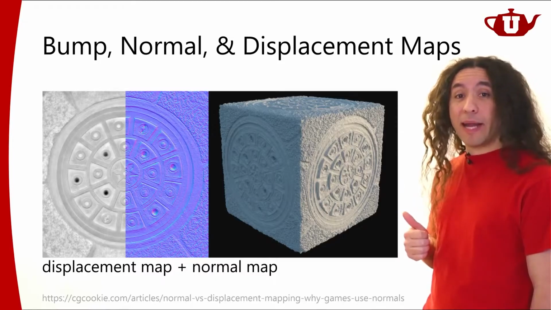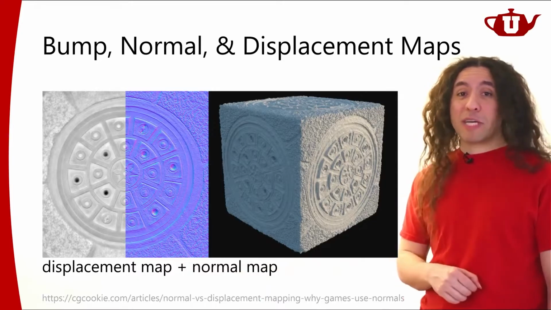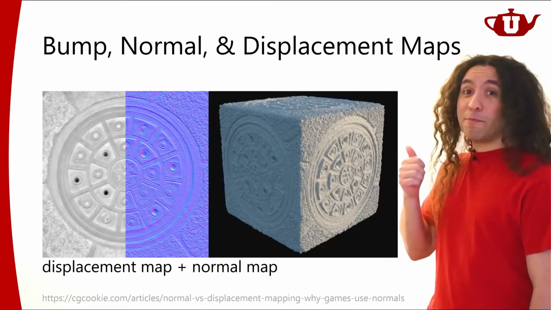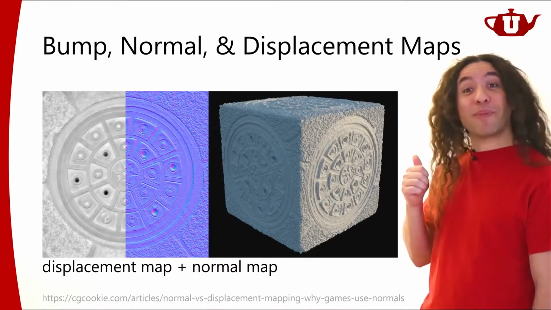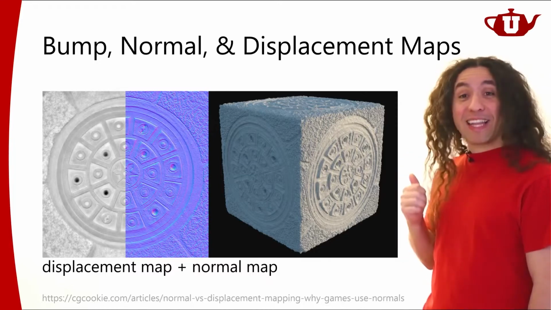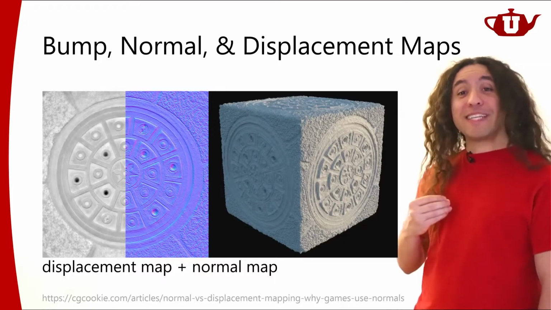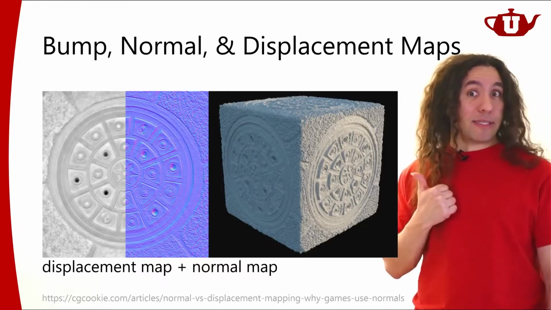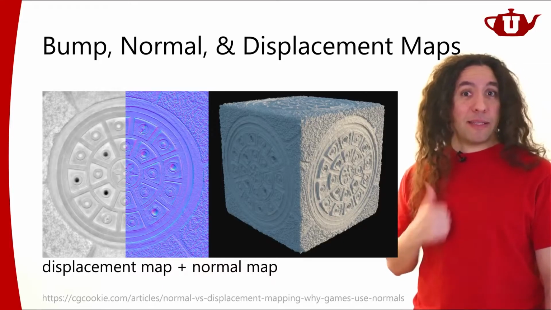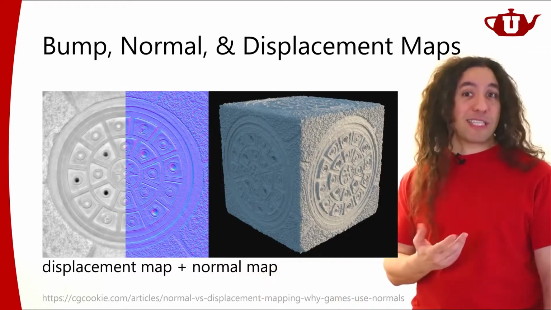It's going to be limited by that. I can have a super high resolution displacement map, but if I don't have enough vertices to displace, then I'm not going to get a lot of geometric detail out of my displacement map. So the geometric detail I can get is limited by the geometric detail I actually have, right? Not just by the resolution of the displacement map.